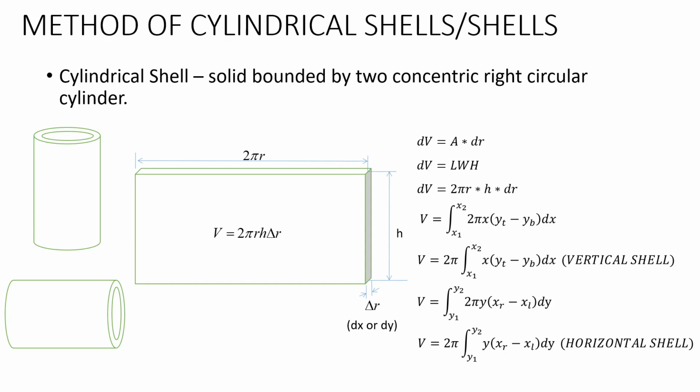So there are cases wherein it's difficult to solve the volume using the disk method, but it's easy in solving using the shells method or the cylindrical shells method. So in the cylindrical shell, it's bounded by two concentric right circular cylinders.